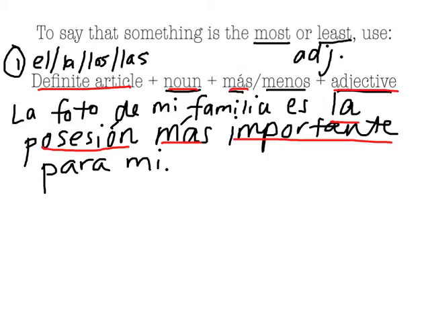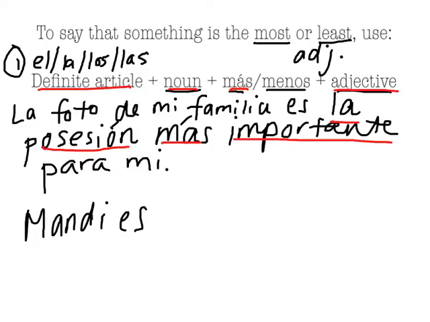Let's go ahead and do one more example. My best friend's name is Mandy. Let's say Mandy is the nicest friend. Mandy is... And then we'll need to follow our equation again.